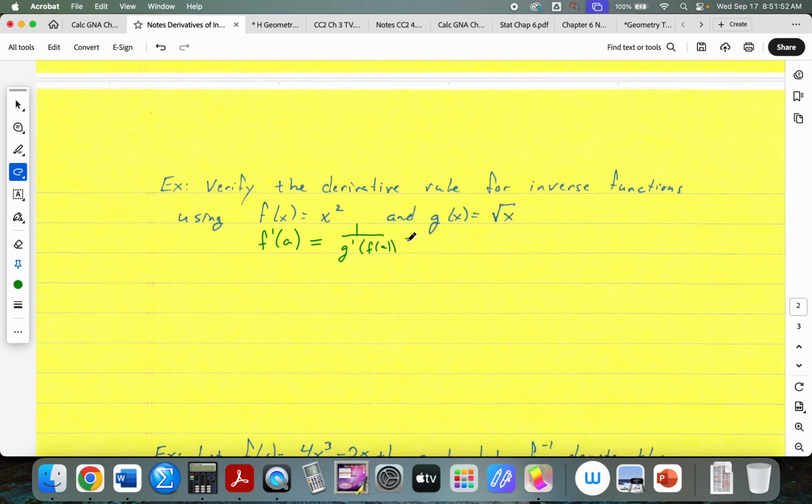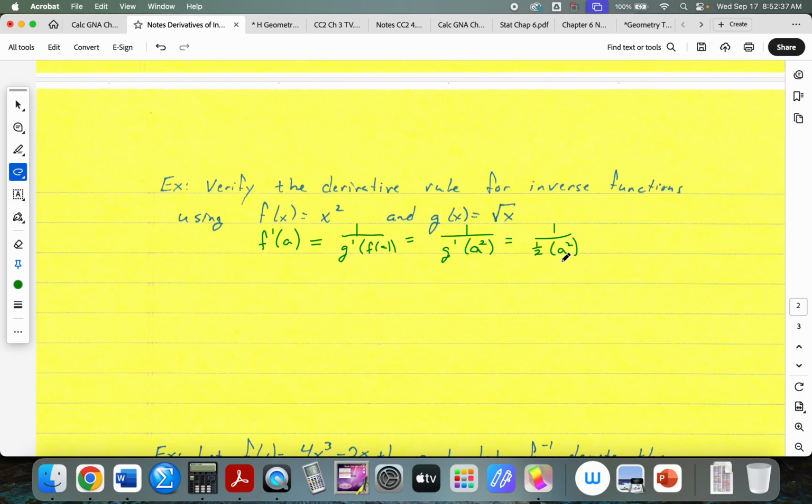So, what is f at a? Well, that's going to be a squared, right? And so I'm going to have g prime of a squared. And g prime, if I take the derivative of the square root of x, which is x to the 1/2, I'm going to have 1/2 of whatever's in here.